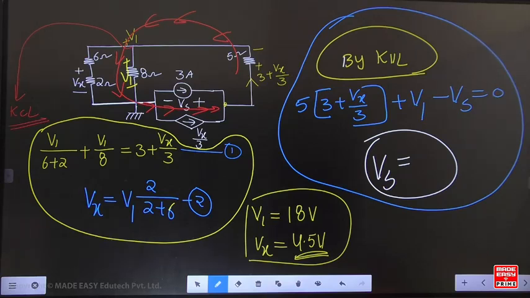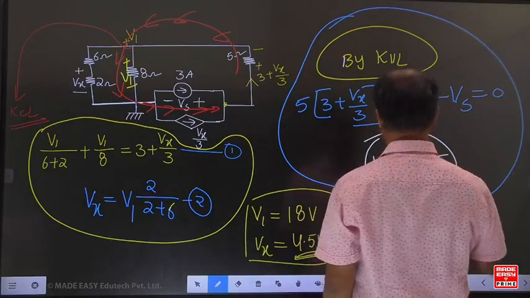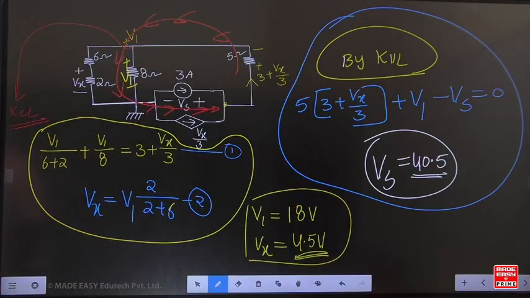Many students are saying 40.5. Is it correct? 40.5. Okay, very good.